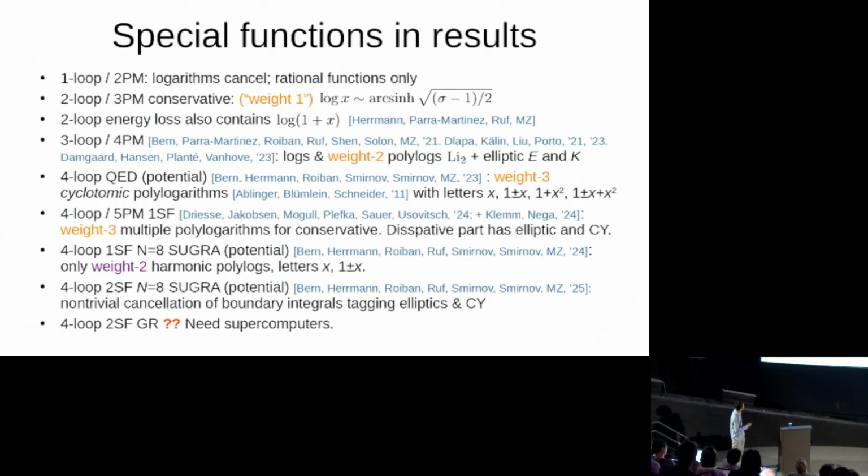And in the potential region for the supergravity, at the second self-force order, which is all you have at 4 loops, we see non-trivial cancellations of boundary integrals that tag elliptic and Calabi-Yau integrals, which seems to suggest that only polylogs will survive in the final result.